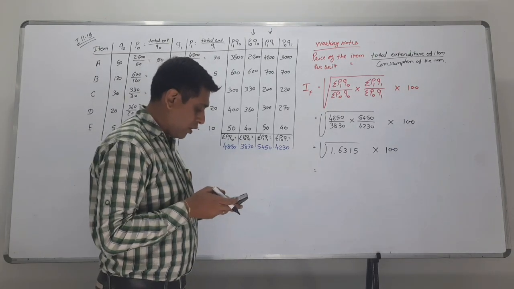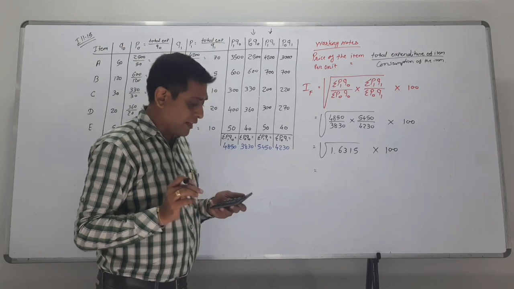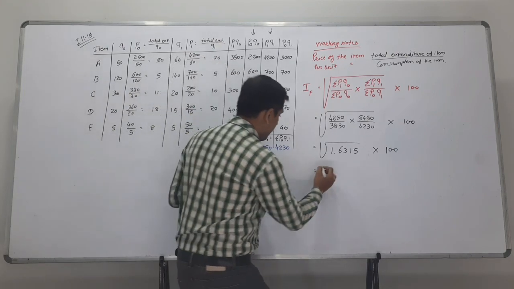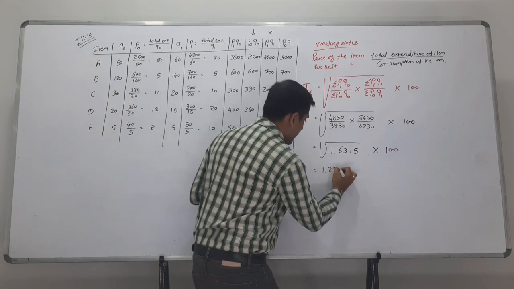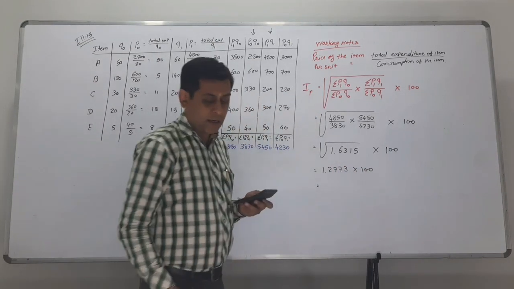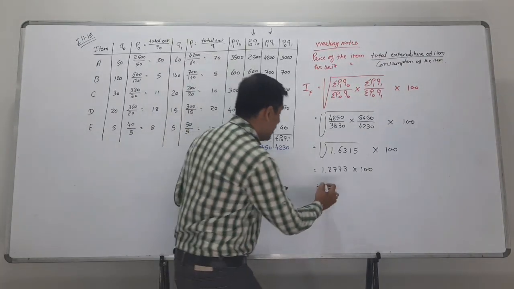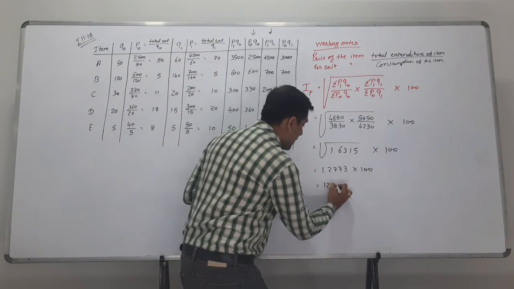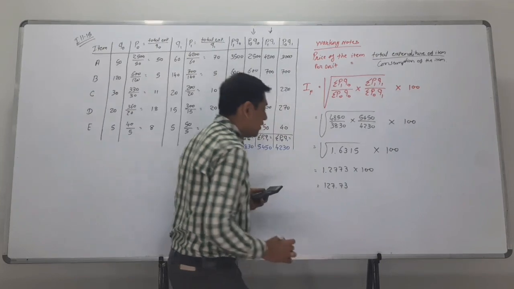So what is the square root here? 1.2773. 1.2773 into 100, so your answer is 127.73.